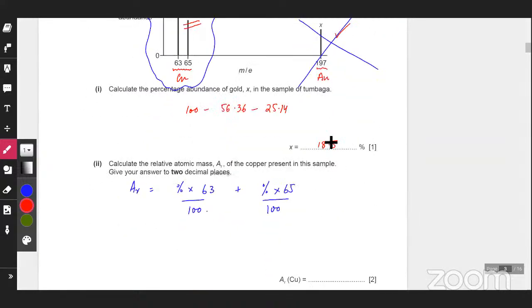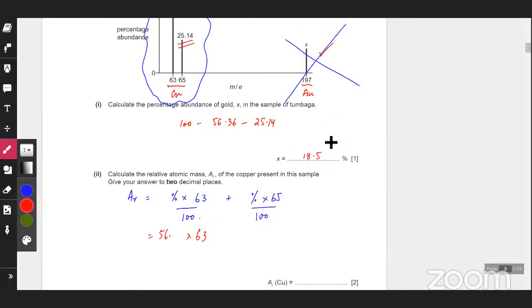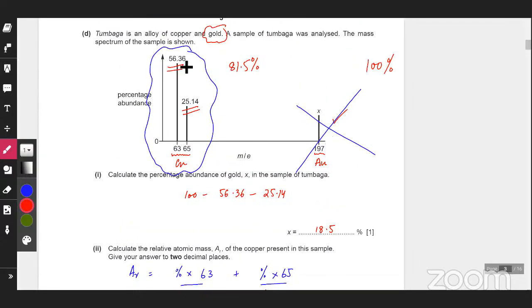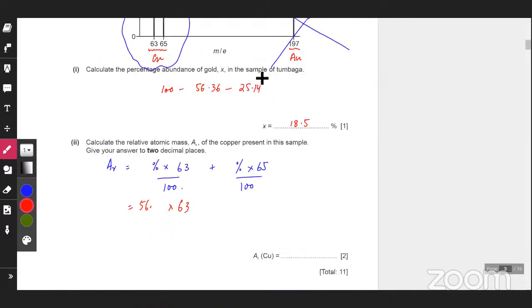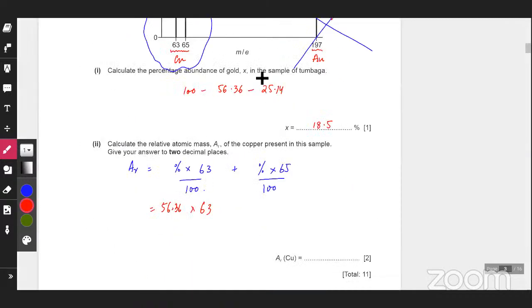So this fractional percentage for 63 is how much? It's 56.36 of 81.5%.